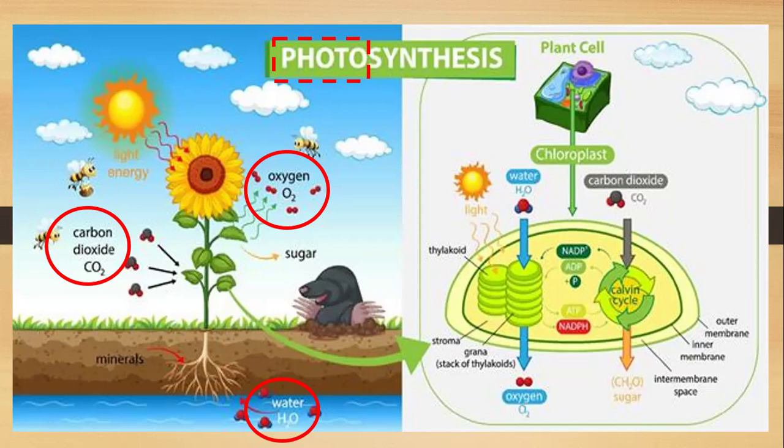The light dependent process is going to happen in the thylakoid, within the thylakoid, where the grana are, and the light independent or dark reaction goes on in the stroma. So that is all about the structure of chloroplast and how the photosynthesis process takes place.